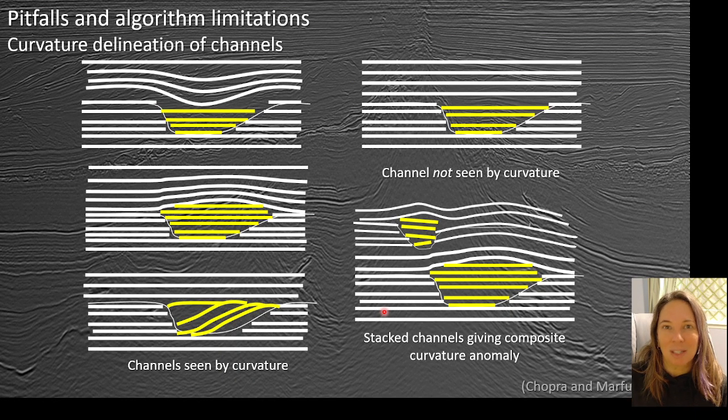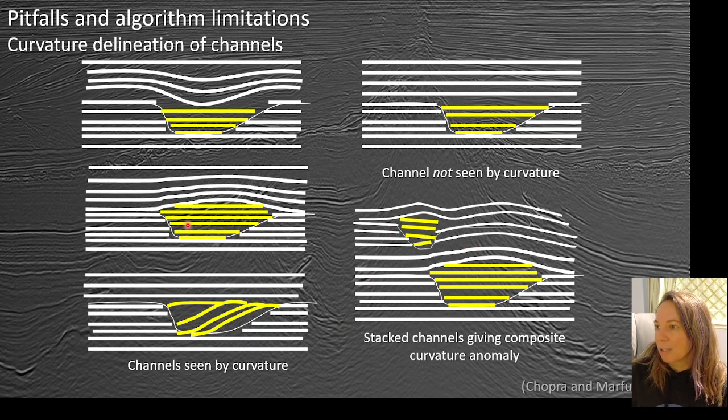One of the big things to keep in mind, particularly with channel and fluvial systems, is that curvature is very, very sensitive to channels where you need to have that mounding or those levees. So there can be a lot of cases where curvature isn't picking up aspects of your channel unless you have the related mounding.